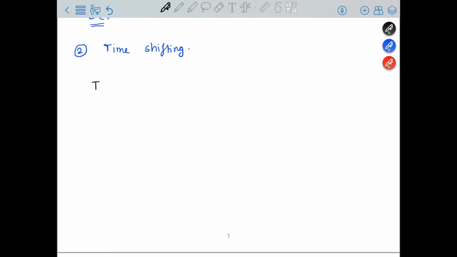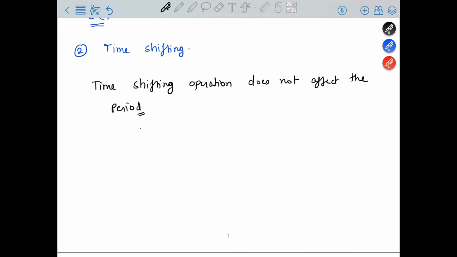So the time shifting operation does not affect the period. So suppose some signal x(t) has a period of T, and if we shift the signal by some amount, suppose t naught, then also the period of that signal will be T, and that is quite obvious.